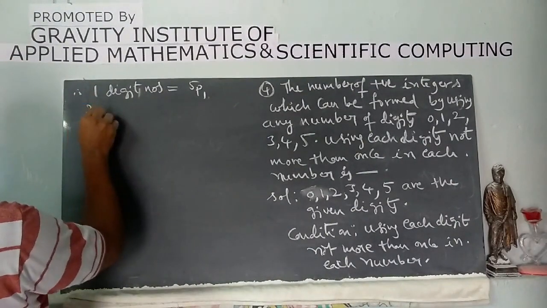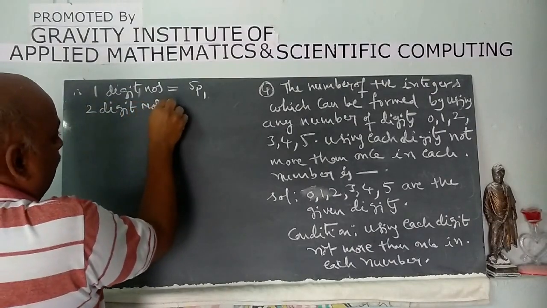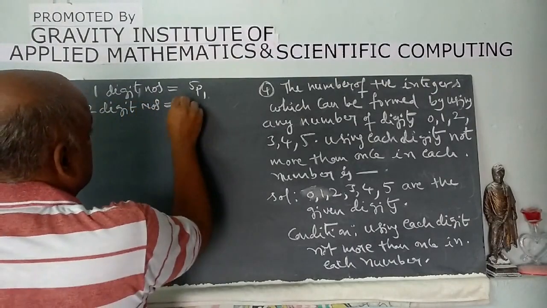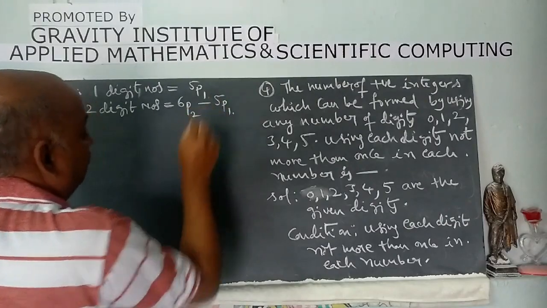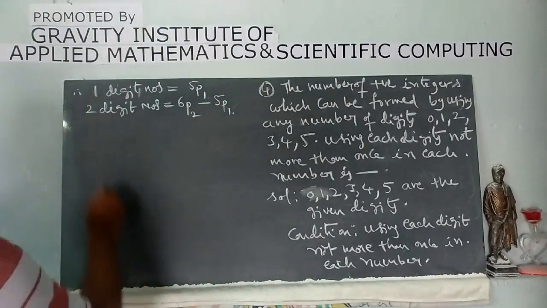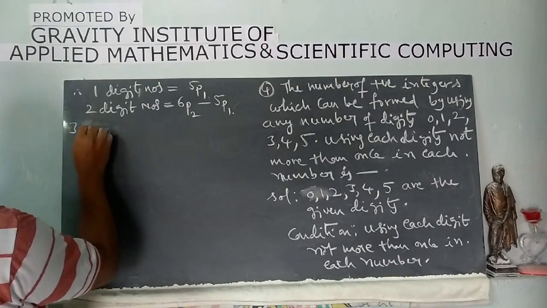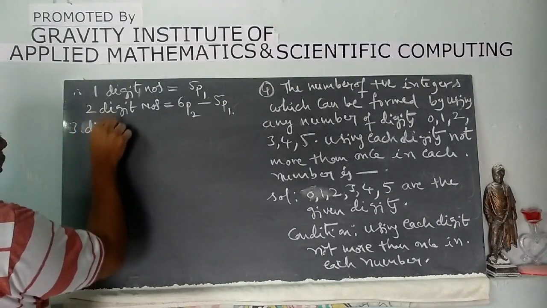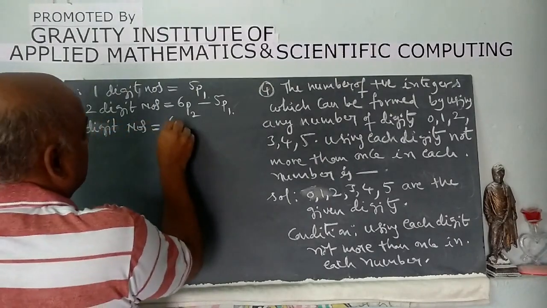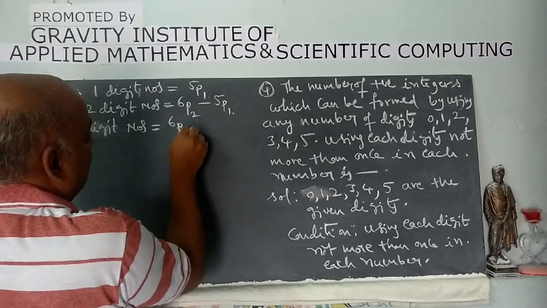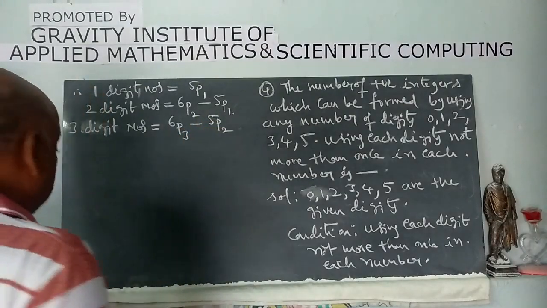Two digit numbers, which is 6p2 minus 5p1. Three digit numbers, 6p3 minus 5p2.